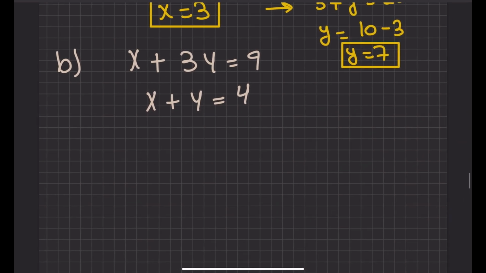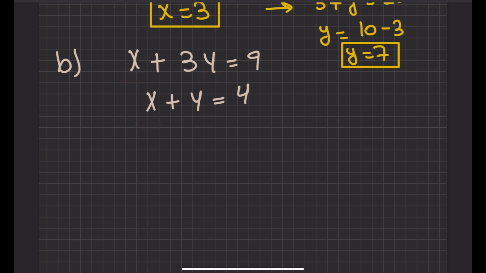The second question is x plus 3y equals 9 and x plus y equals 4. Same thing: this question doesn't specify to use addition or subtraction, so you can use either. If you take a look at these two, I look at my x and y variables.